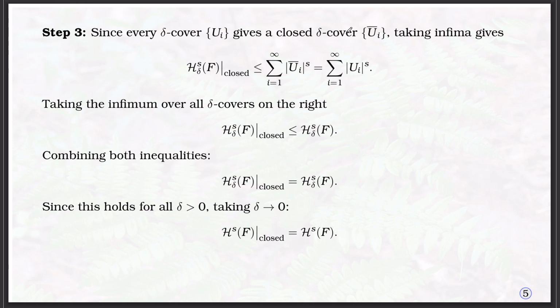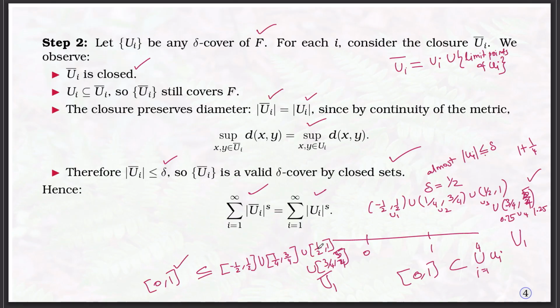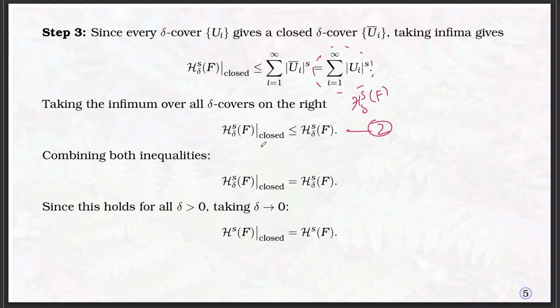Now you can take the infimum over this right-hand side. This side alone one can take the infimum on delta cover, then it becomes H^s_delta of F, the cover restricted to the closed sets. So combining the second equation and the first equation, H^s_delta of F restricted to closed sets is less than or equal to H^s_delta of F, and we can conclude that this is true for arbitrary delta greater than 0.